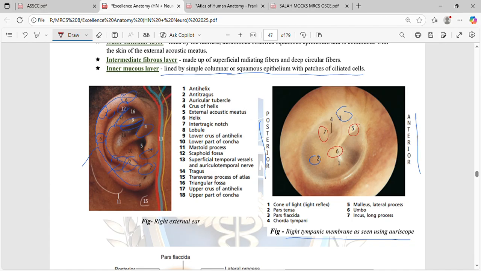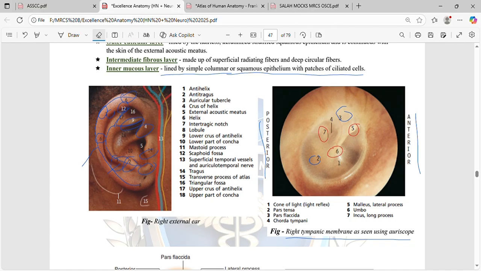Remember, the middle ear cavity has three bones: the malleus, incus, and stapes.